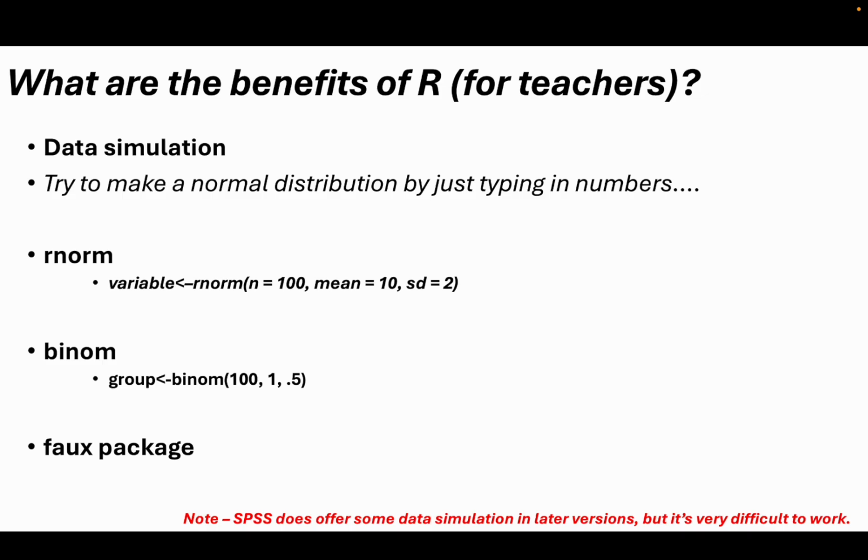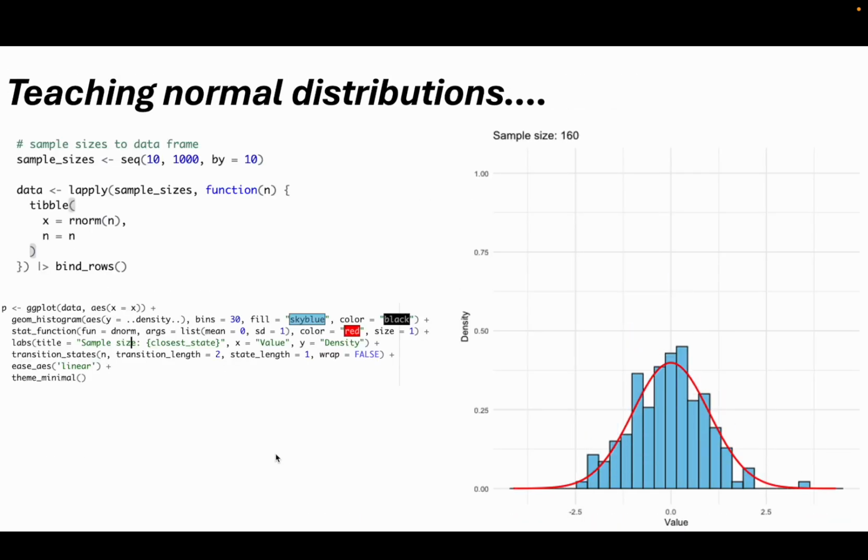So I've used these extensively in the past to create examples for books, for examples for teaching. But also you can use it to create specific examples in your lecture to show things like normal distributions, for instance, and how a normal distribution becomes easier to visualize as the sample size you're drawing from increases.